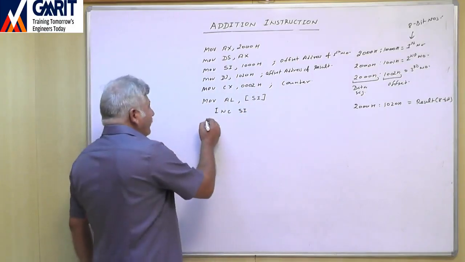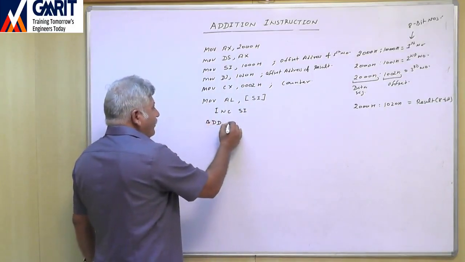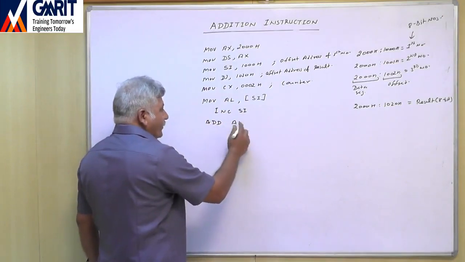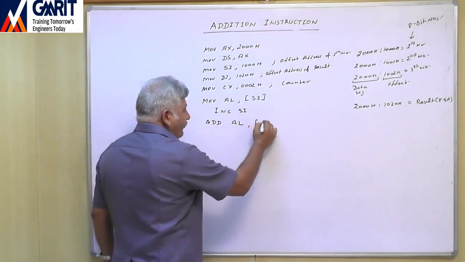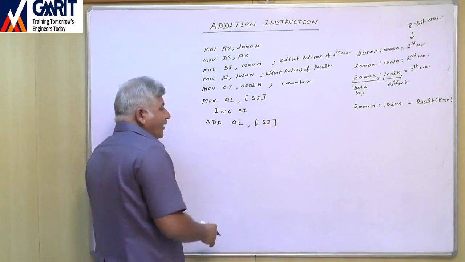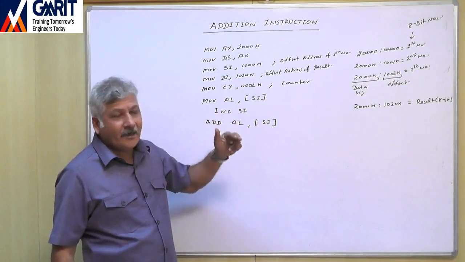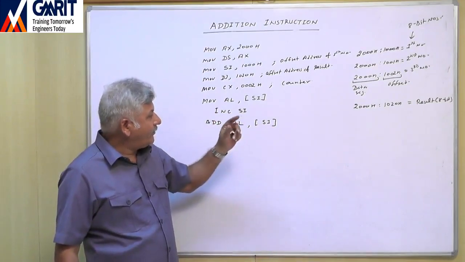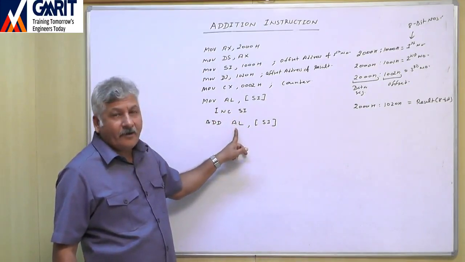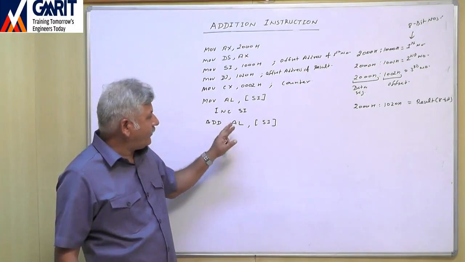And now I will add 2 numbers. Add AL. In AL we have first number and within bracket SI. In SI we are having the offset of second number. So the first number and the second number will be added and the result will be stored in AL. Right? So after the addition of first two numbers we are having a result in AL.